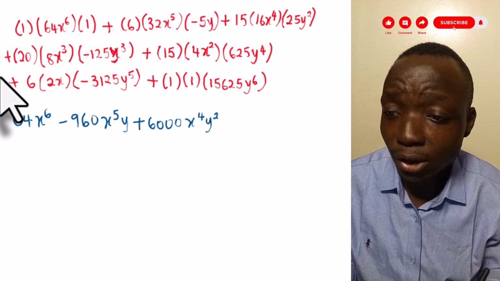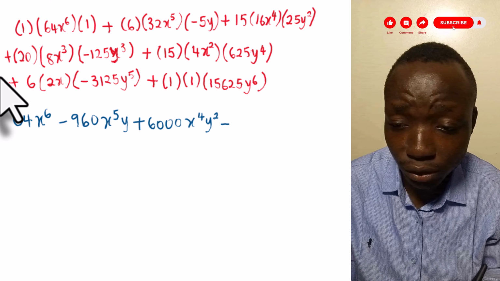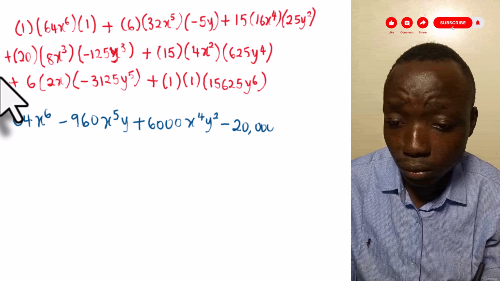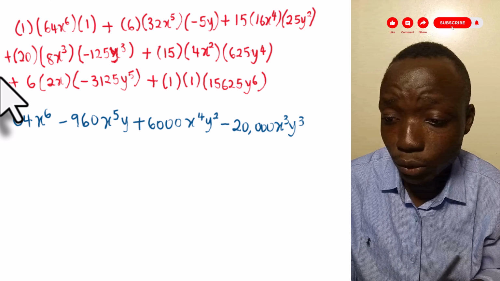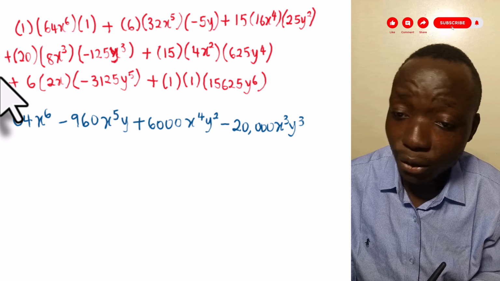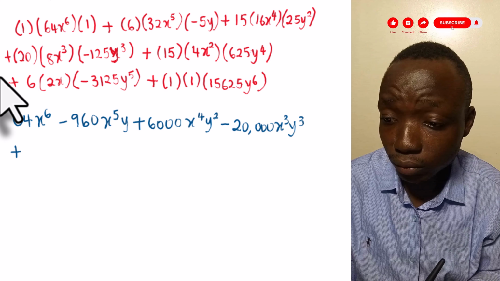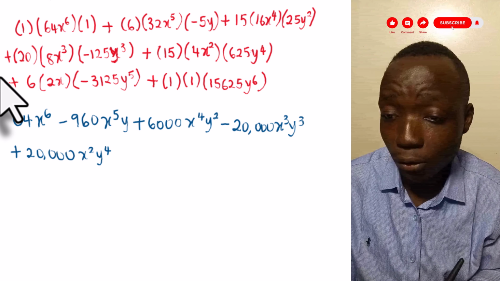If you multiply out 20 times 8 times minus 125, you're going to have minus 20,000x cubed y cubed. If you multiply out 15 times 4 times 625, you're going to have plus 37,500x squared y raised to power 4.